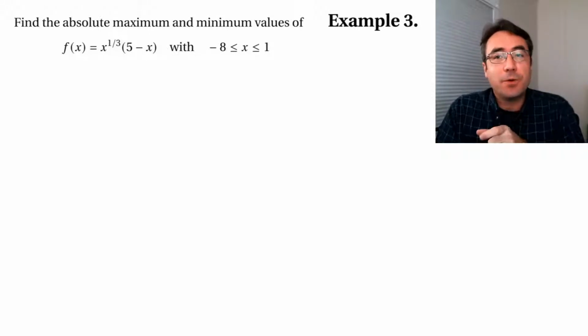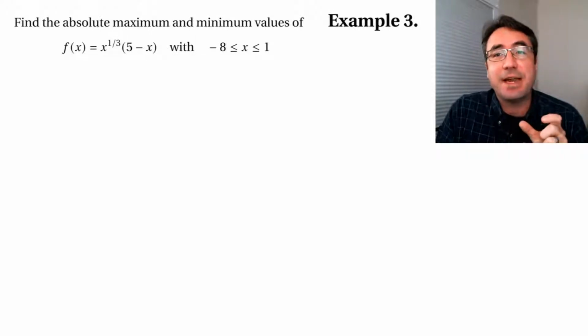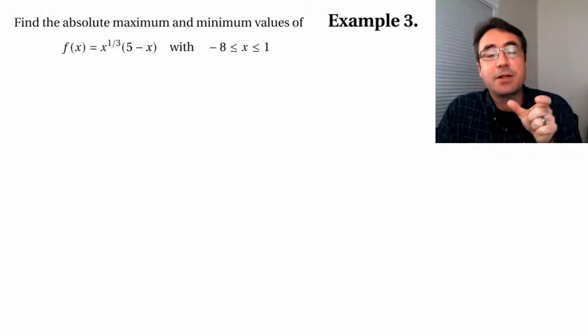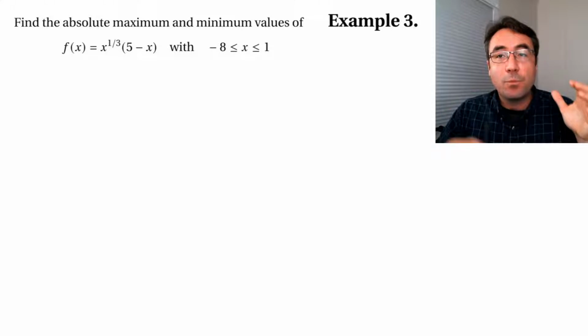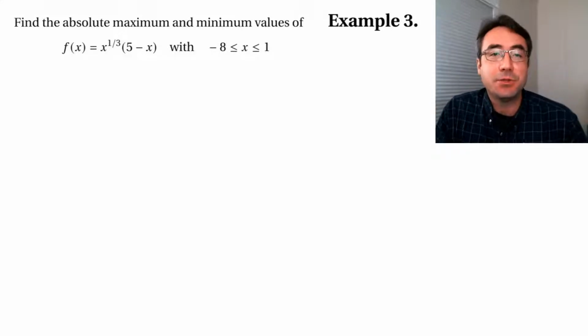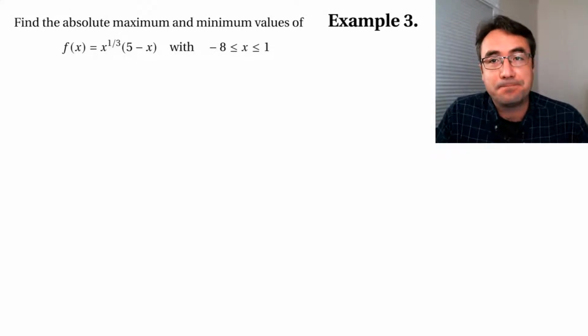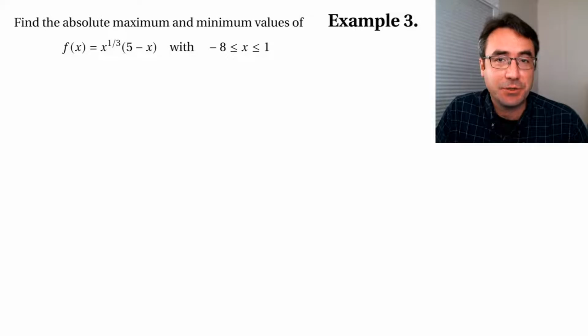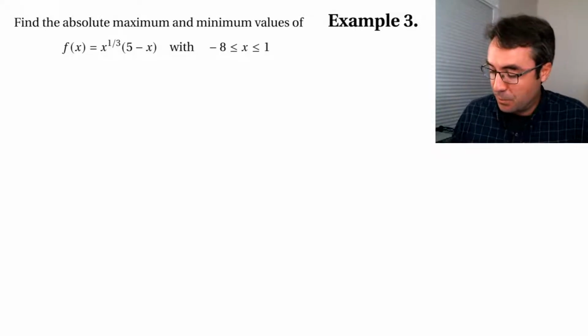Because it's continuous and defined on a closed interval, we're guaranteed to have an absolute max and an absolute min. We're going to go through the closed interval method and show that. All right, so what were the steps?